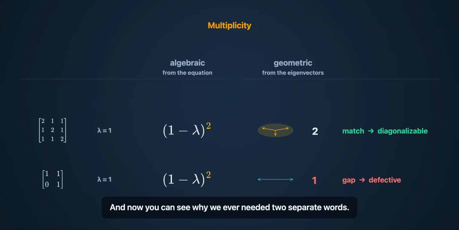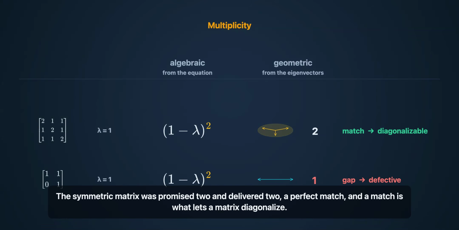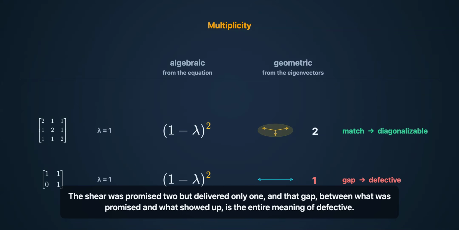And now you can see why we ever needed two separate words. The symmetric matrix was promised 2 and delivered 2, a perfect match, and a match is what lets a matrix diagonalize. The shear was promised 2, but delivered only 1, and that gap between what was promised and what showed up is the entire meaning of defective.